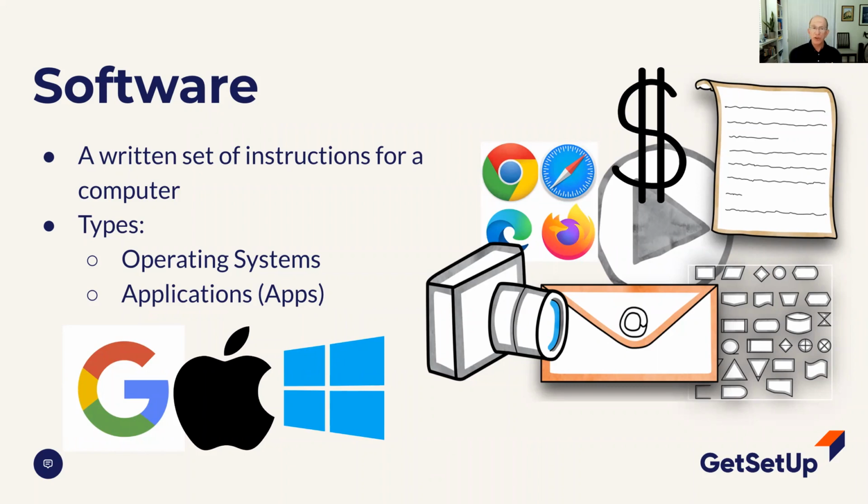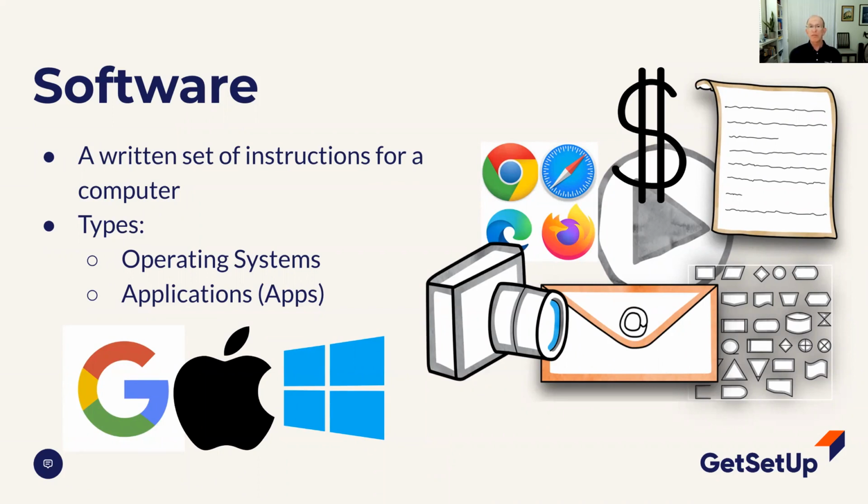The applications are what we use to do things with our computers. So email is an application. Your web browser is an application. For your finances, maybe you use a spreadsheet. Maybe you use a word processor. Those are applications.